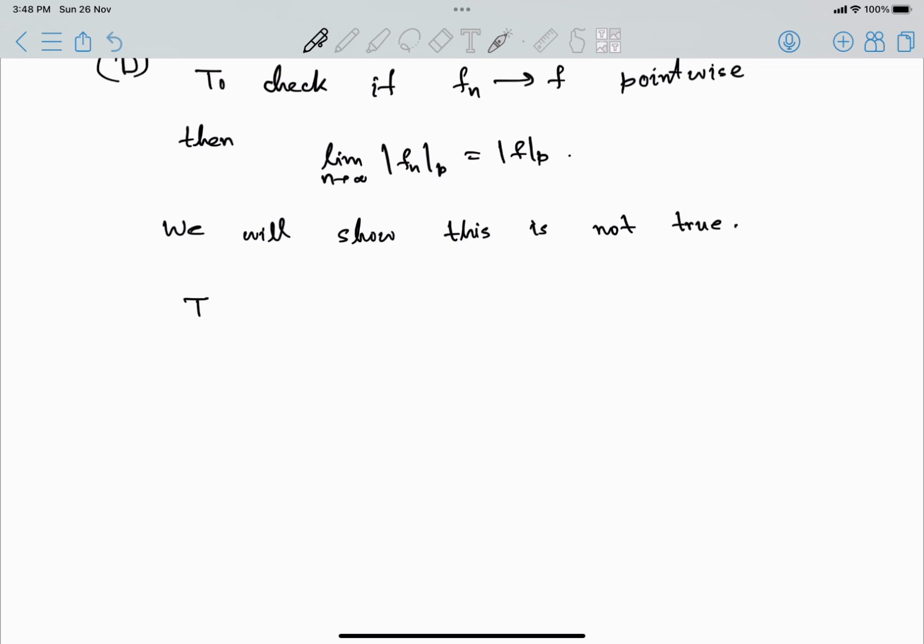So take this f_n, a sequence of functions e to the power minus (x minus n) squared. Then each f_n is continuous and integrable also, that you can check. Note f_n belongs to X for all n.